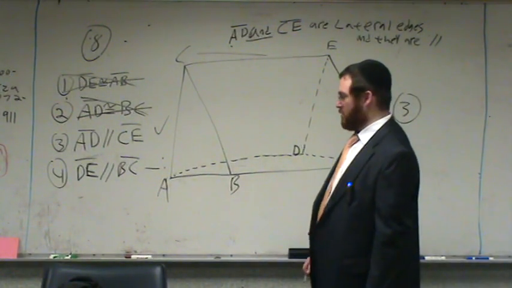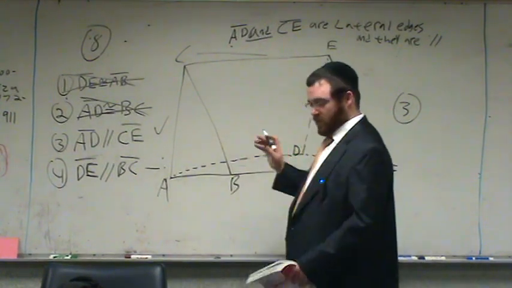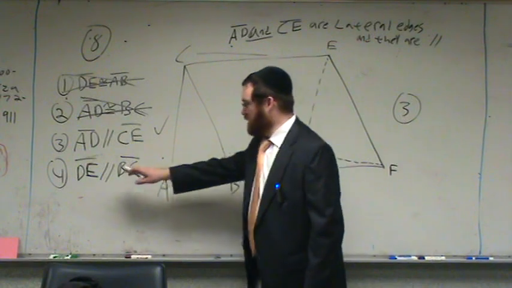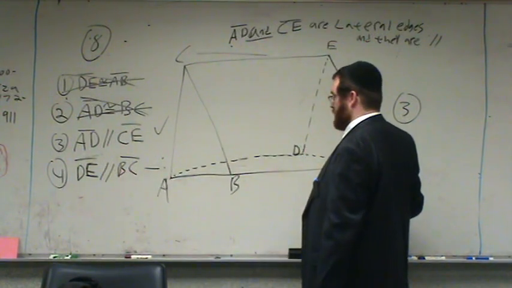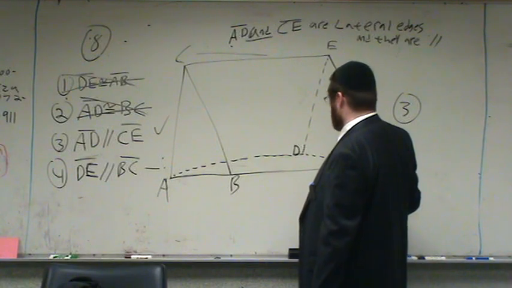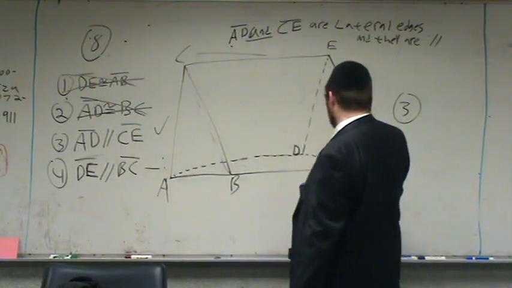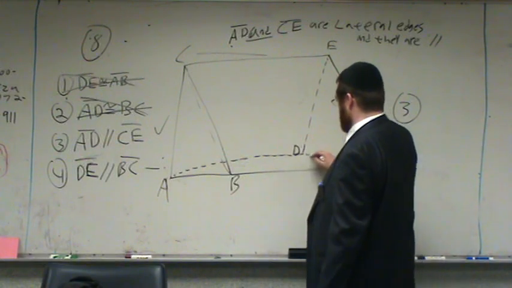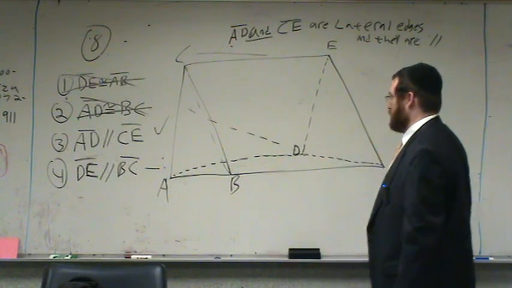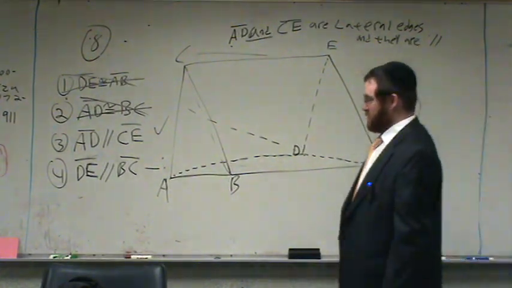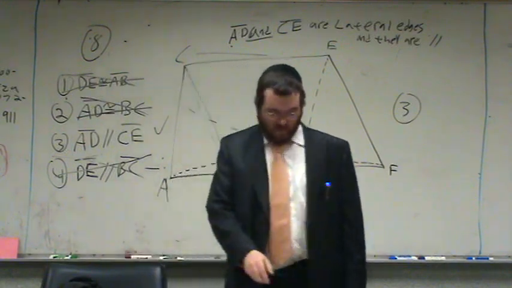You see that they're represented the same way if you look at the diagram. Now line DE is parallel to line BC? Line BC is up here, and DE is over here, going in this direction. It would intercept CE, so therefore it's not parallel. So the only answer that could be is answer 3.